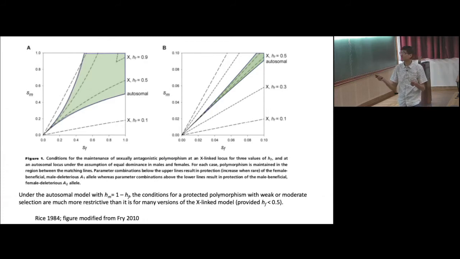And so the idea is that equal dominance only matters for the autosomal case because there is no dominance for the males. Right? And it's intuitively easy to understand why you can maintain variation in the X case if the deleterious allele is recessive in females, right? Because as the allele that's bad for females becomes rare, selection will only ever see it in the heterozygous state in females, right?